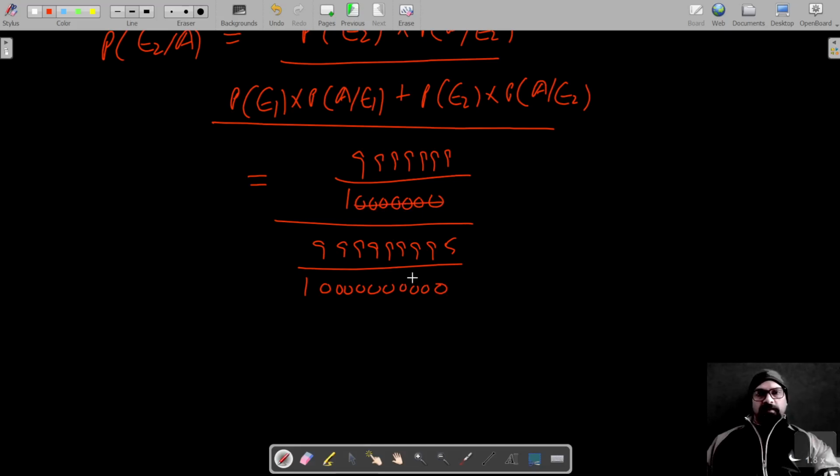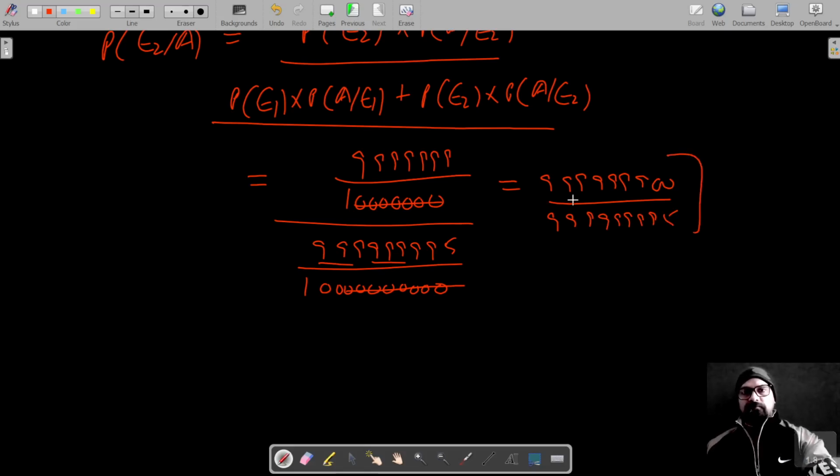Okay, so 7 of the zeros get cancelled. So this is now equal to 999999900 upon the 9-digit denominator. So this is our required probability.